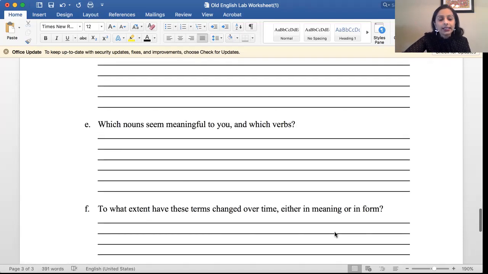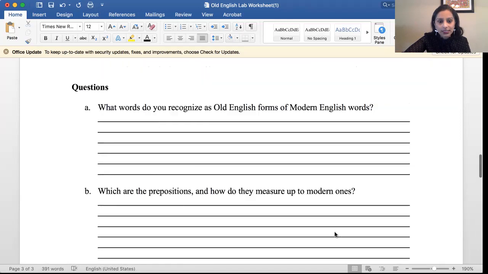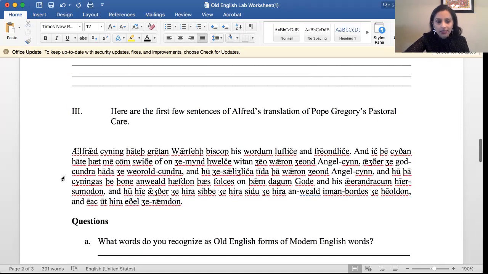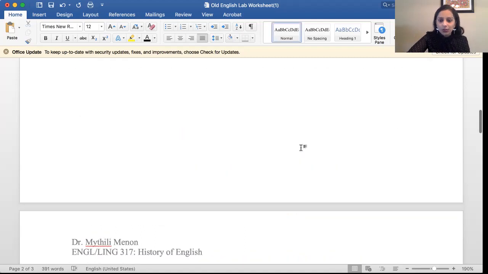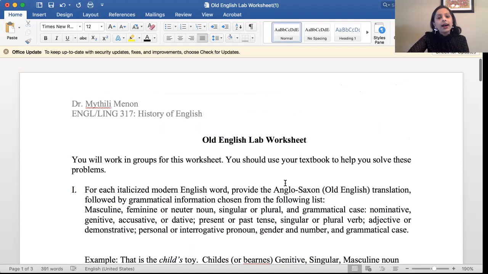So really, this whole set of questions is building on this passage from Alfred's translation of Pope Gregory's Pastoral Care. You really don't need to know the translation in modern English in order to do this. The aim of this is to get you to read Anglo-Saxon and understand Anglo-Saxon from an Anglo-Saxon point of view. So that's what I want you to do for your lab section.